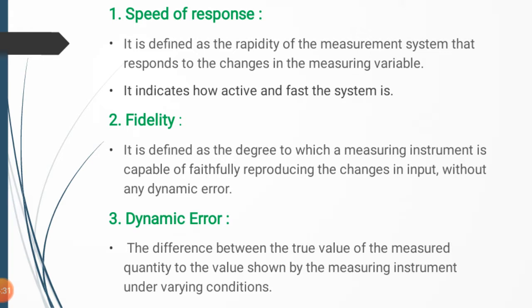Now second parameter is the fidelity. It is defined as the degree to which a measuring instrument is capable of faithfully reproducing the changes in the input without any dynamic error. That means the sensor is capable of faithfully reproducing the changes in the input. Suppose we have to take a particular set of readings for a particular sensor, say a temperature sensor, in which we have to measure the temperature.